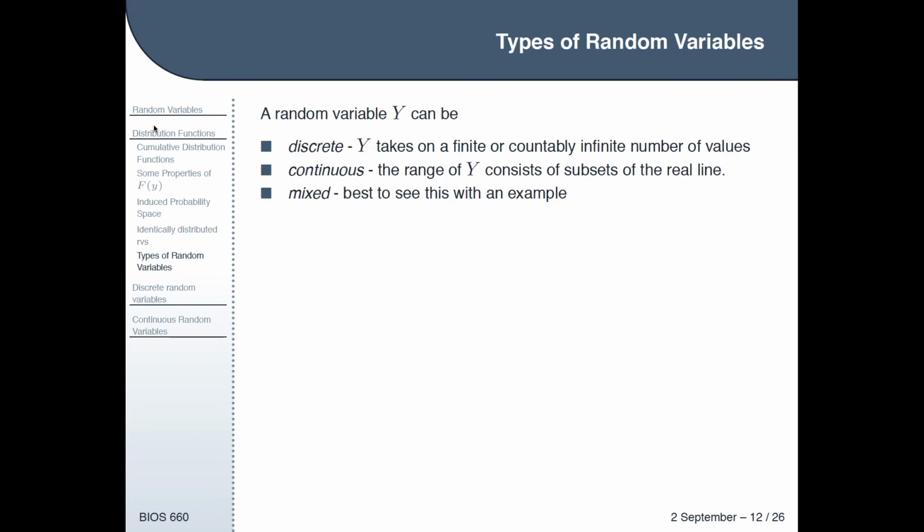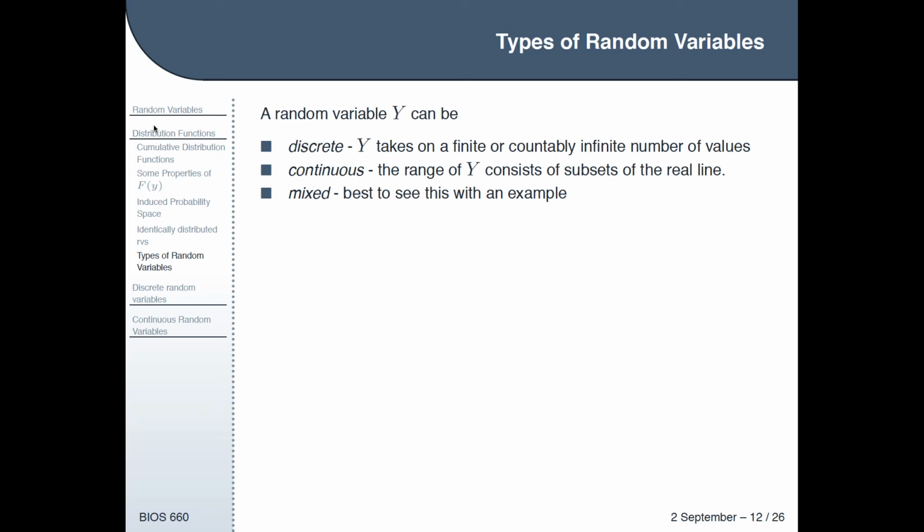Okay. So, random variables are traditionally classified into discrete and continuous random variables. This classification is a little bit arbitrary.